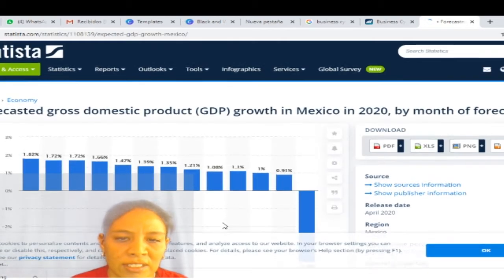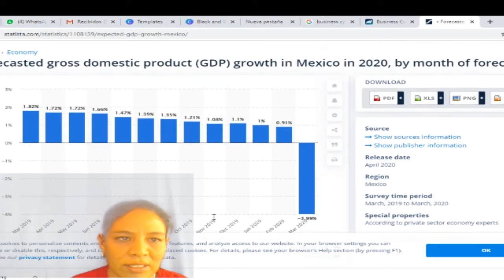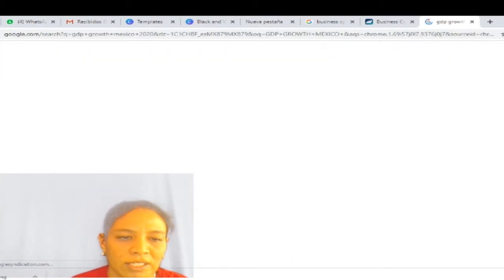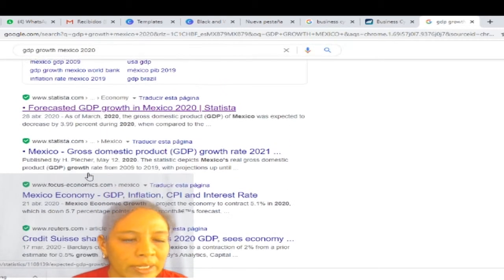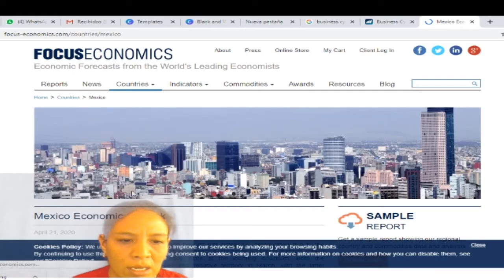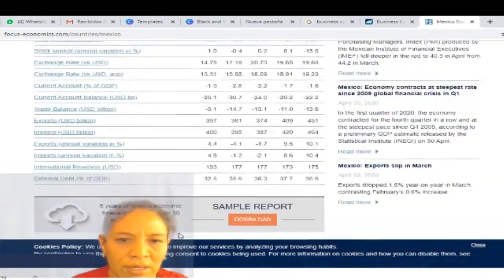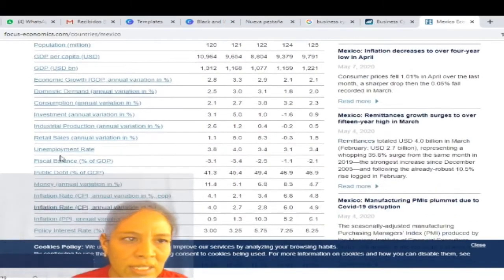Let's see if this has it. This is the present. I don't want to believe this, so I'm being in denial. Let's see. I want real numbers as a forecast. Let's see if we can find it somewhere. See, all of these are indicators.